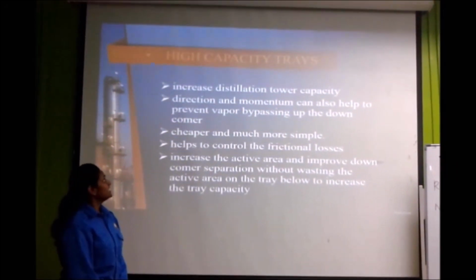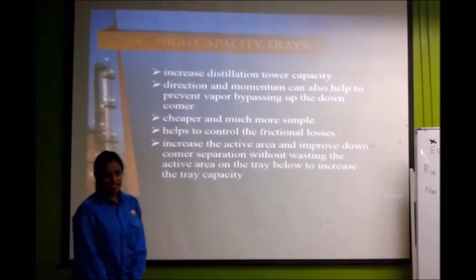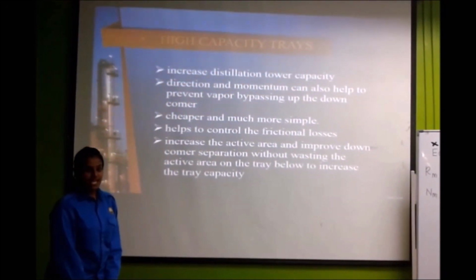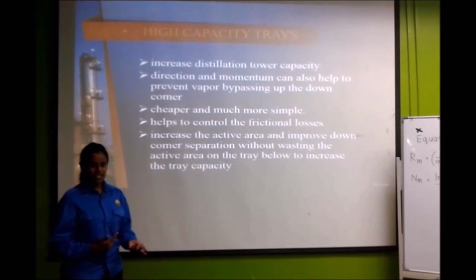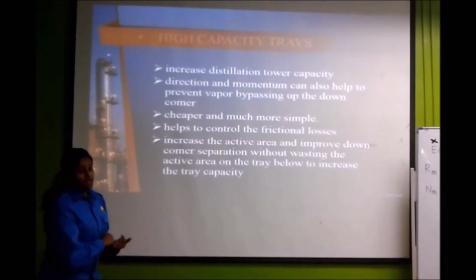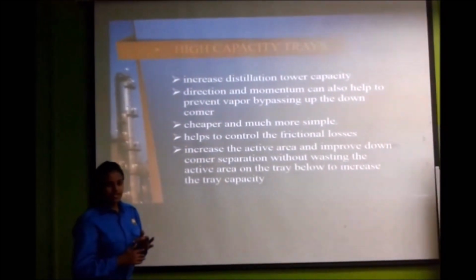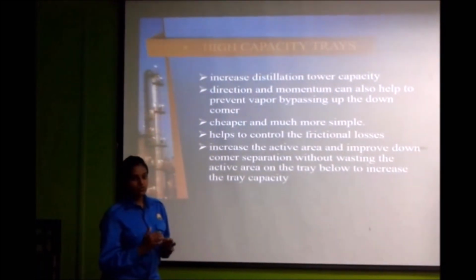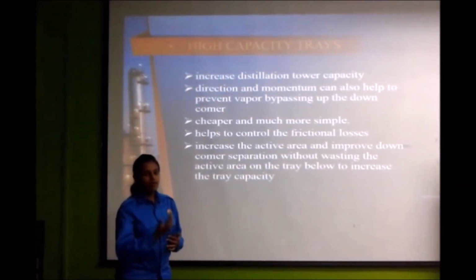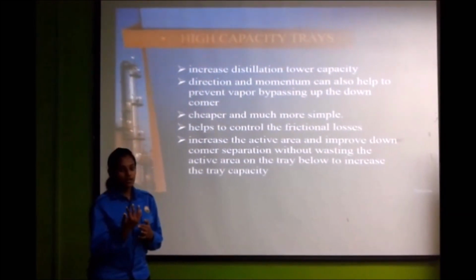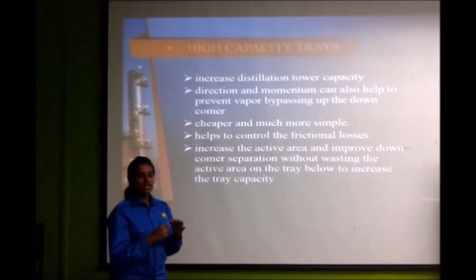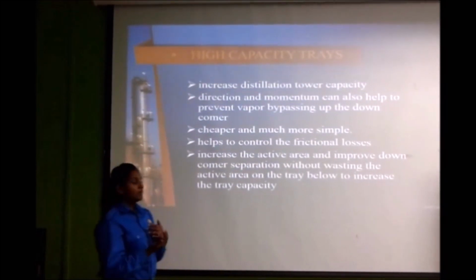The next factor is high capacity trays. High capacity trays can greatly increase the distillation tower capacity. In the high capacity tray, the clearance needed to allow vapor to escape from under the downcomer creates a large downcomer opening.